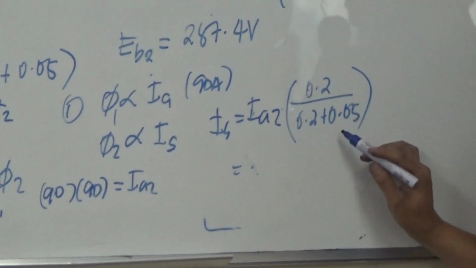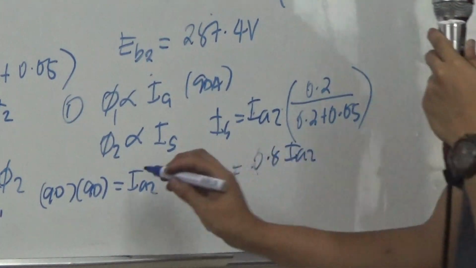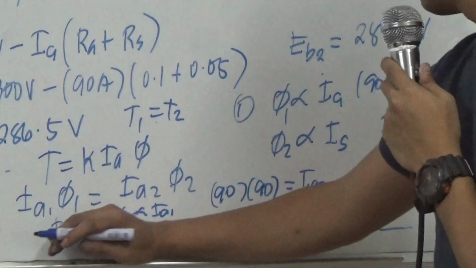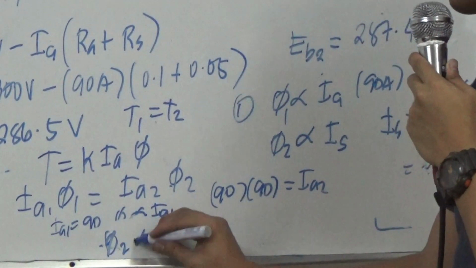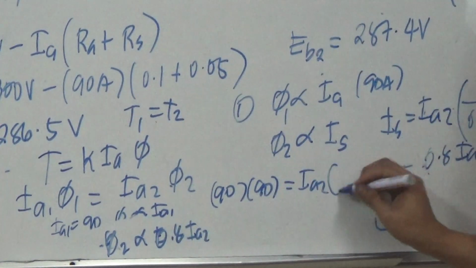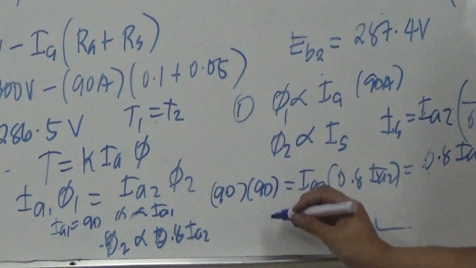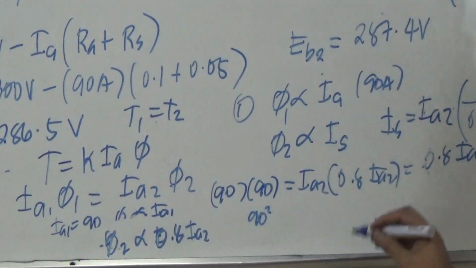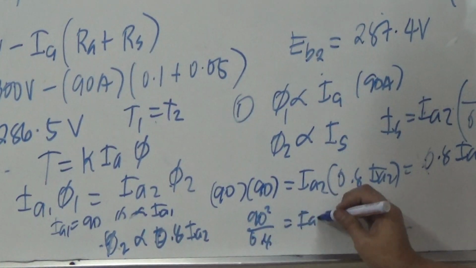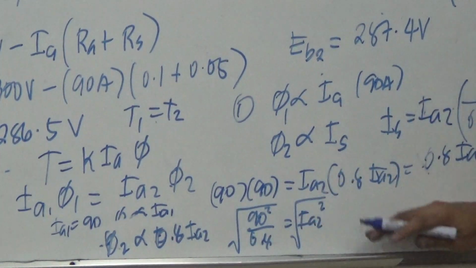So, 0.2 divided by 0.25 is 0.8. So flux 2 is directly proportional to 0.8 of IA2. So ngayon, 90 squared divided by 0.8 is equals to IA2 squared. And square root natin both sides. Ano yung IA2 natin?